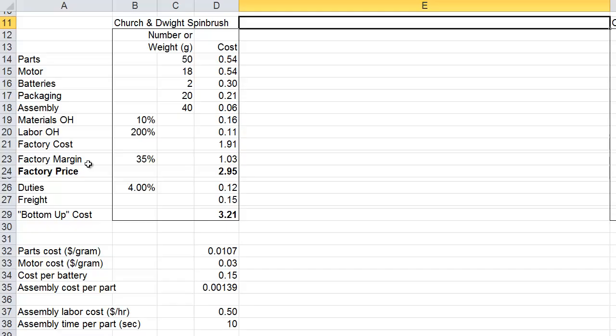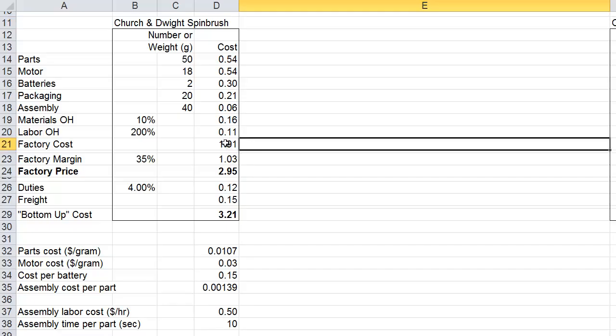And then we've applied the factory margin of 35%, which leads us to a factory cost of $1.91. That's, in essence, the real cost of making the product in the factory, or it has to be less than that in order for the numbers to work.